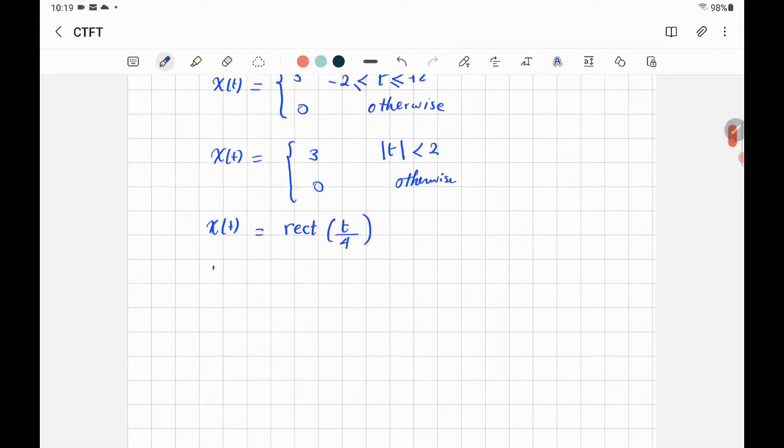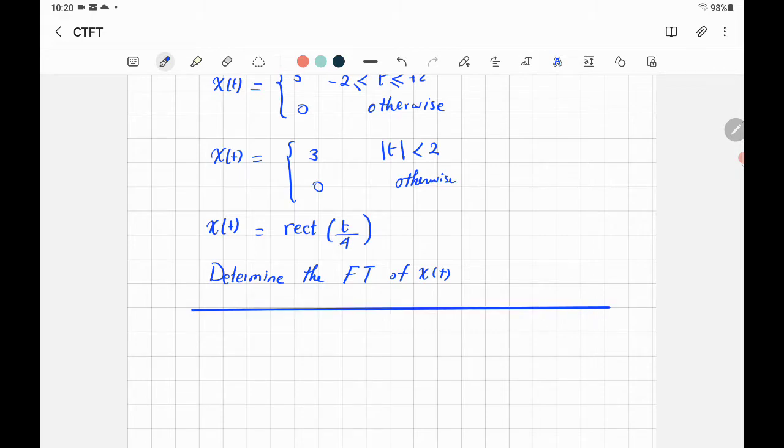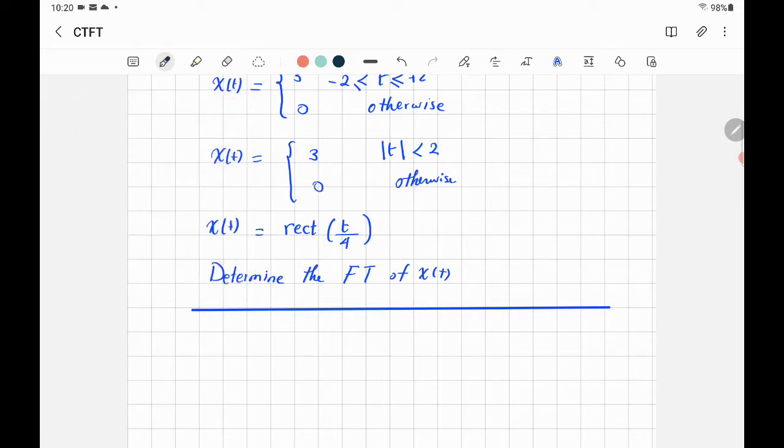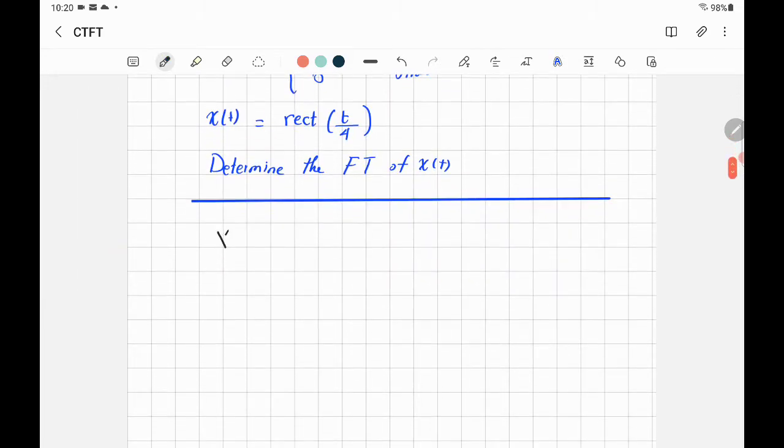What's required? Determine the Fourier transform of x of t. To find X of omega, which is the Fourier transform of any function, you integrate the function from -infinity to +infinity, x of t times e to the power of -j omega t dt.